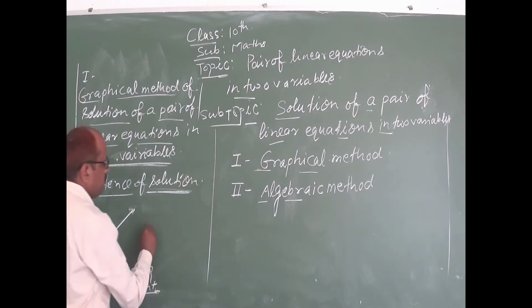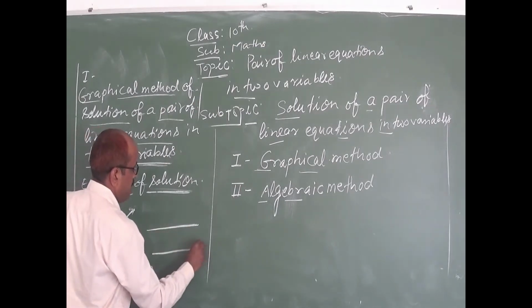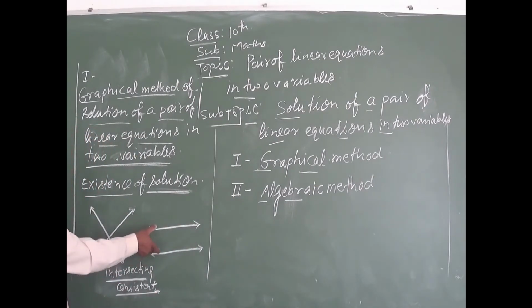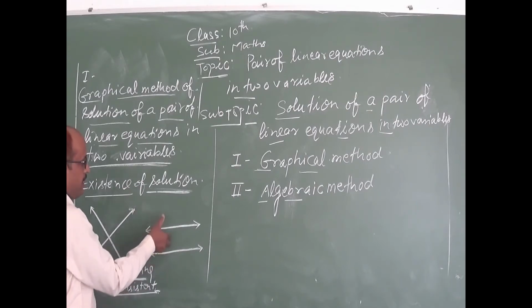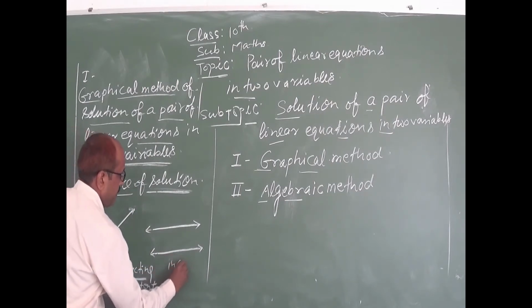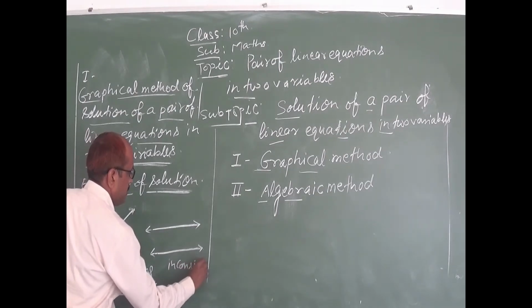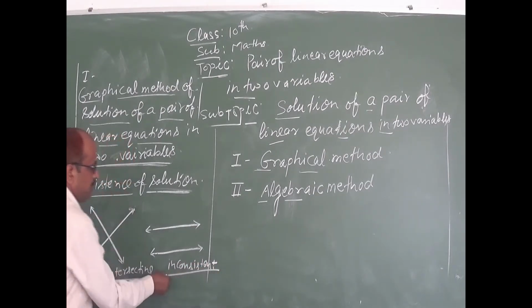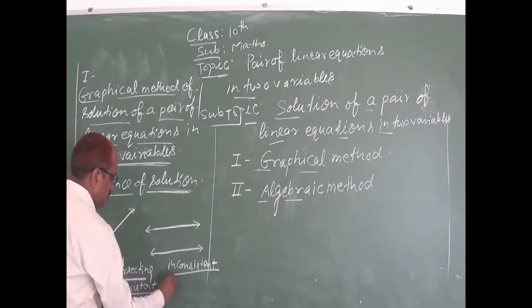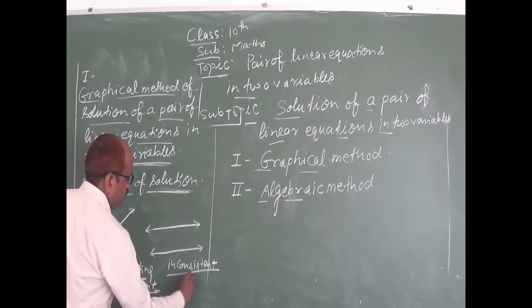And when they are parallel to each other, when we represent the pair of linear equations on the graph, this type of pair of linear equations is said to be inconsistent. Inconsistent means it has no solution.